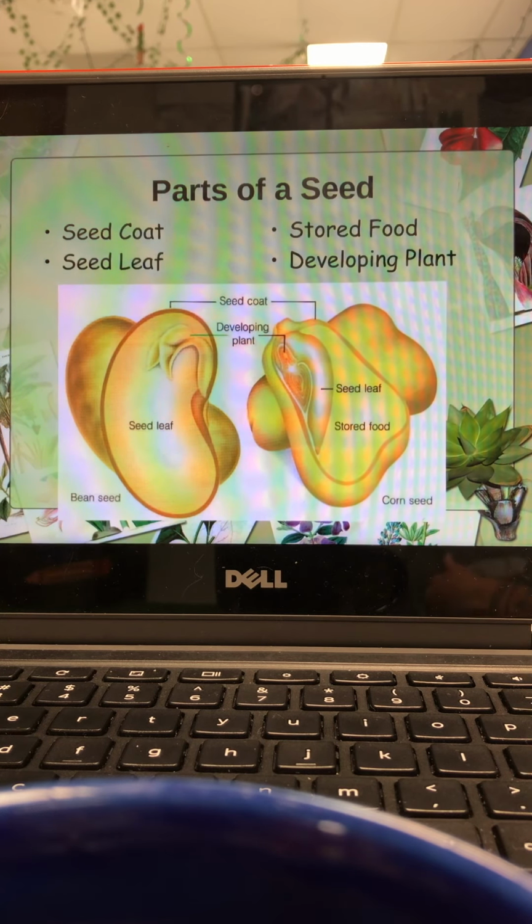Well, we know plants start with the seed, like when Coach Lindsay read you the story. The seed leaf is what is starting to develop our plant. We know that seeds have to store food. And of course, we have that developing plant in our seed that goes really well with our seed leaf.